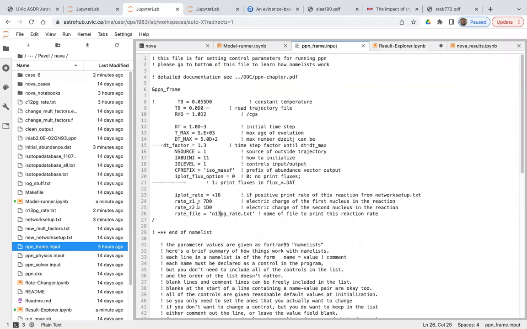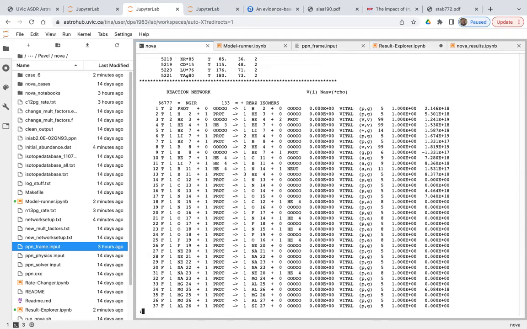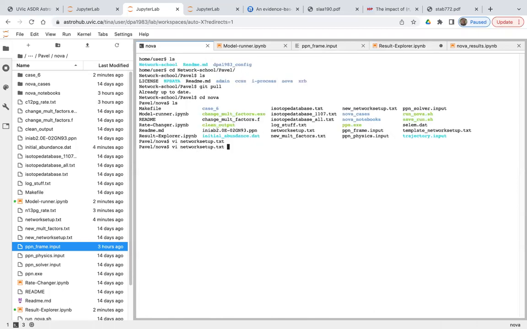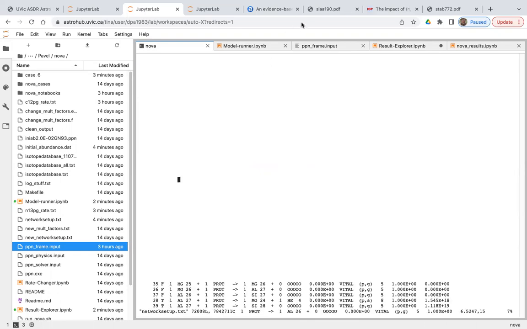At the bottom of the parameter list, you can specify the number of the reaction you are interested in, to check in the file network_setup.txt. This file is open here, and it gives the full list of reactions used in one-zone computations.